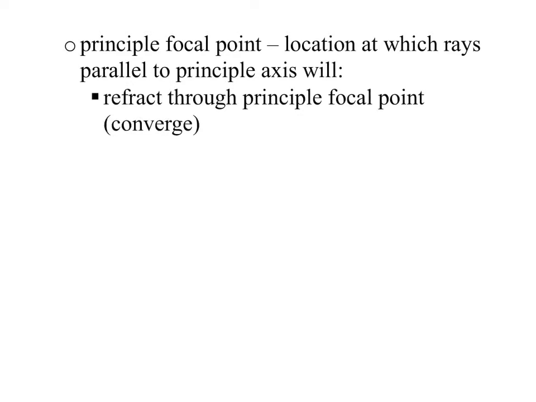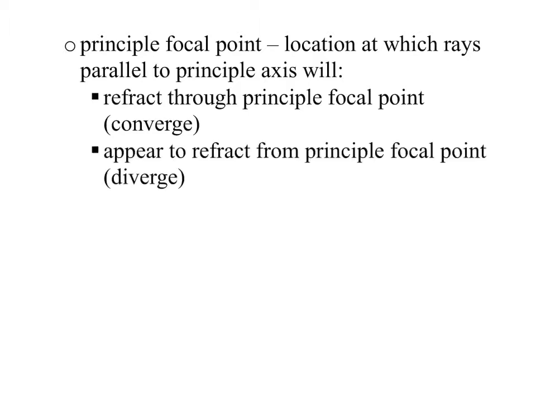So first we have the principal focal point, and that is of course where the rays parallel to the principal axis will refract, so converge through the principal focal point. Or if we're talking about a diverging lens, it's where they'll appear to refract from.